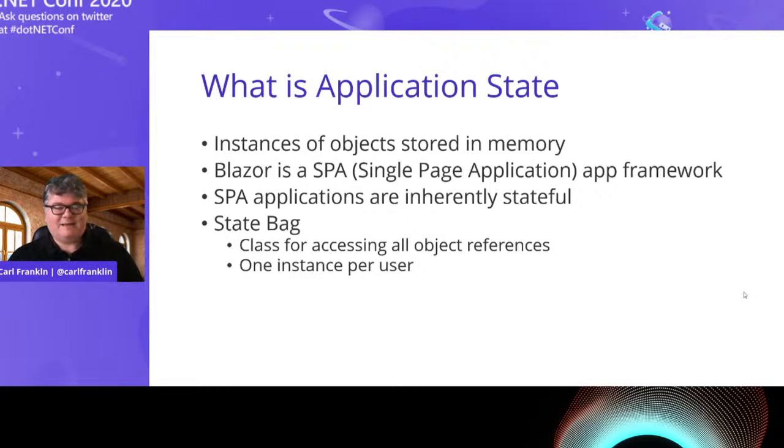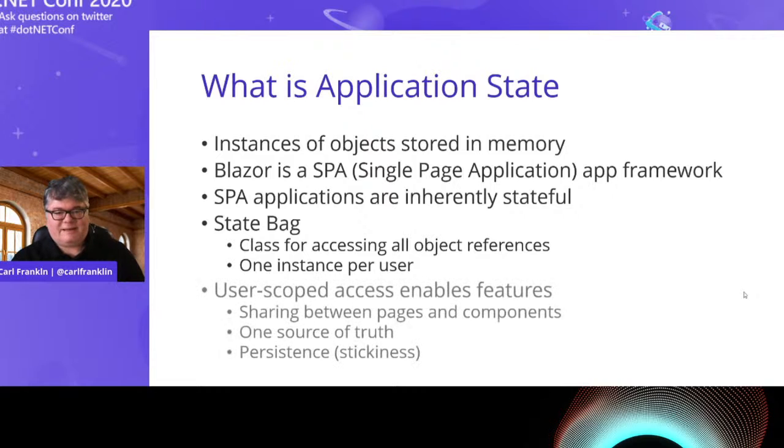A state bag is just a class for accessing all the object references that you want in your application. And the idea is that you get one instance per user, so one user is not sharing that state bag with another user. Fortunately, in .NET Core, we have these user scope services that we can create.